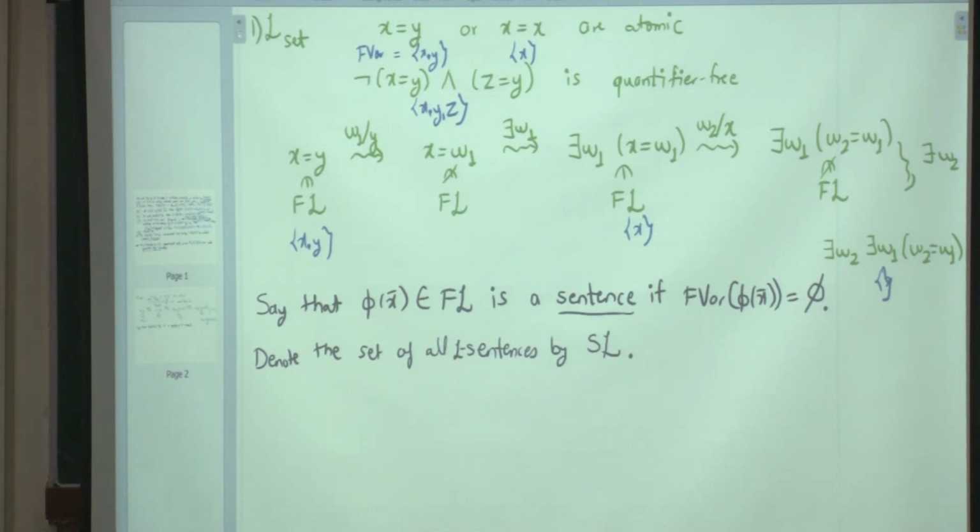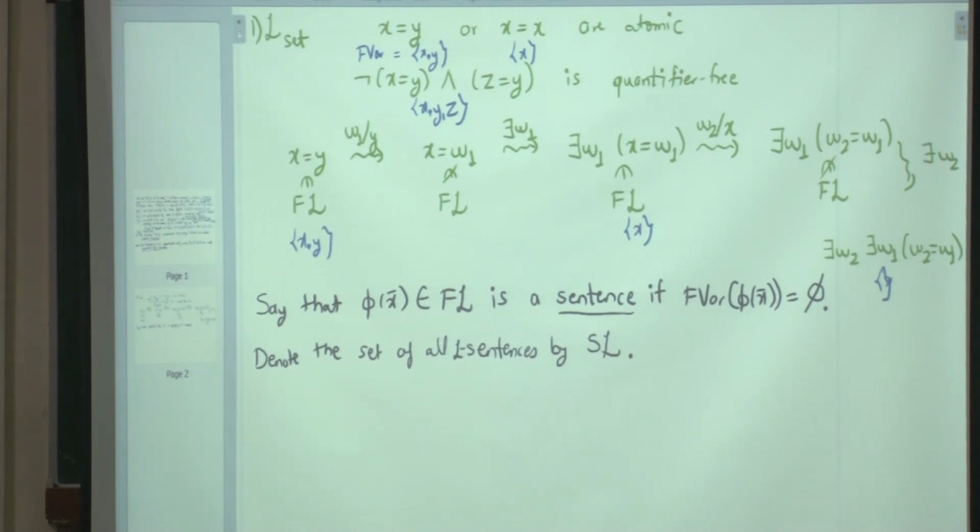Have you seen this notation before? SL, where? Propositional logic. So they are all sentences. They are formulas, but in particular they are sentences. Propositional formulas do not use any variables xi, do they? Propositional variables are nothing but zero-ary relation symbols.